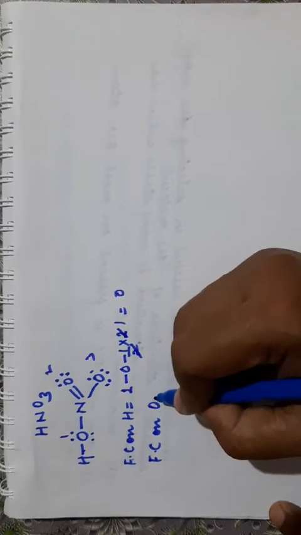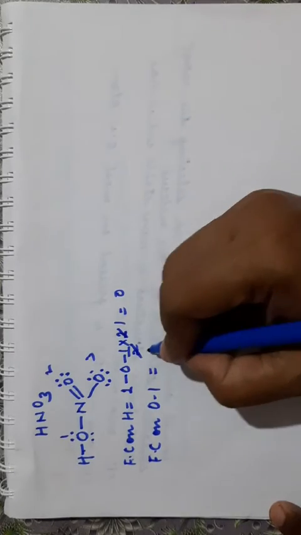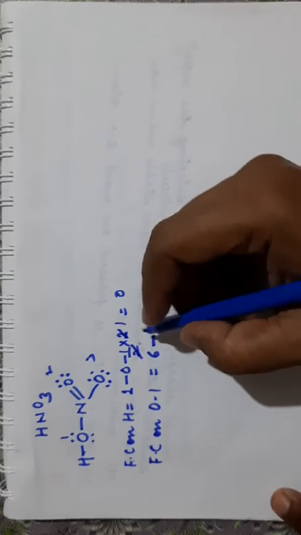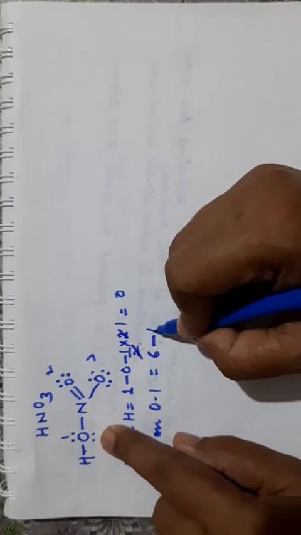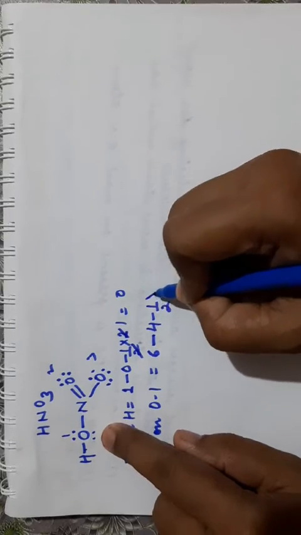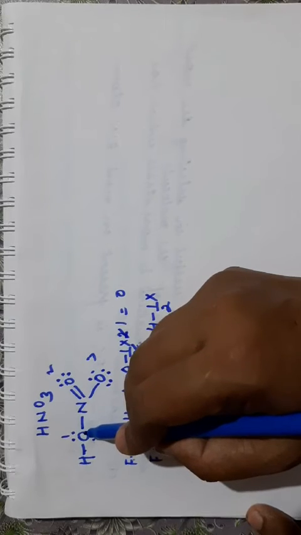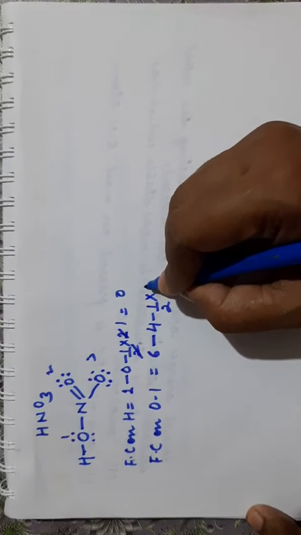Formal charge on oxygen, we will label them 1, 2 and 3. Formal charge on oxygen 1: 6 valence electrons minus number of non-bonding electrons, which are 4 here, minus half into number of bonding electrons, which are 4.